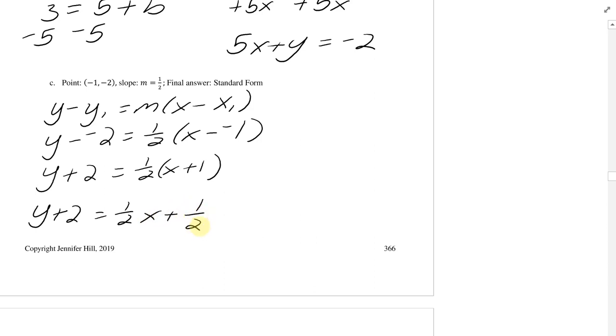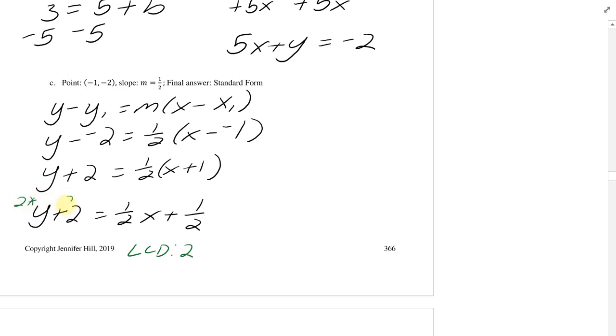Now you might be thinking to yourself, oh God, I got this fraction and now I got to deal with common denominators and this and the other thing. But here's a little trick. You don't have to deal with the fractions if you don't want to. What you can do is you can just go ahead and clear them out at this step. So what's the LCD that I'd have to multiply everything by? The LCD of all of these fractions would be 2.